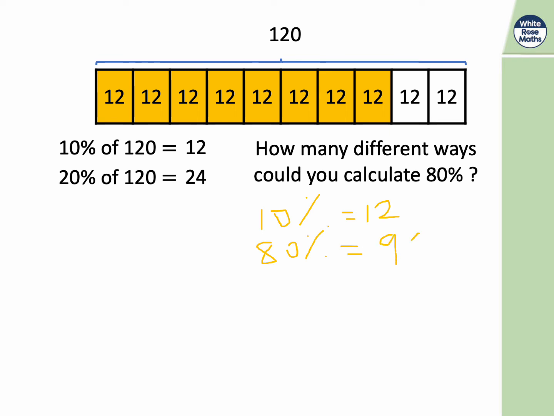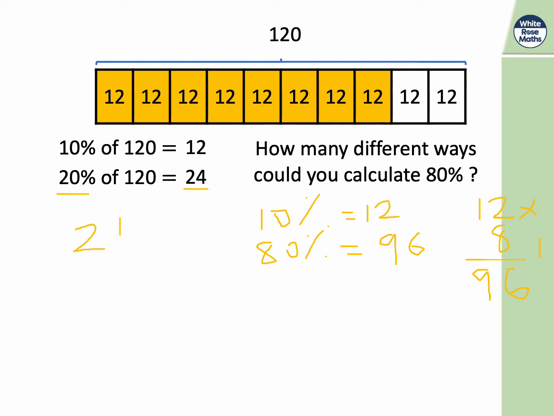And again, if you're not too confident with your timesing, then a little working to the side is also fine. 12 times 8, well, 2 times 8 is 16, carry the 1. And 8 times 1 is 8, plus the 1 is equal to 9. Another way, if 20% equals 24, 80% is the same as doing 20% times 4, because 20% times 4 is 80%.